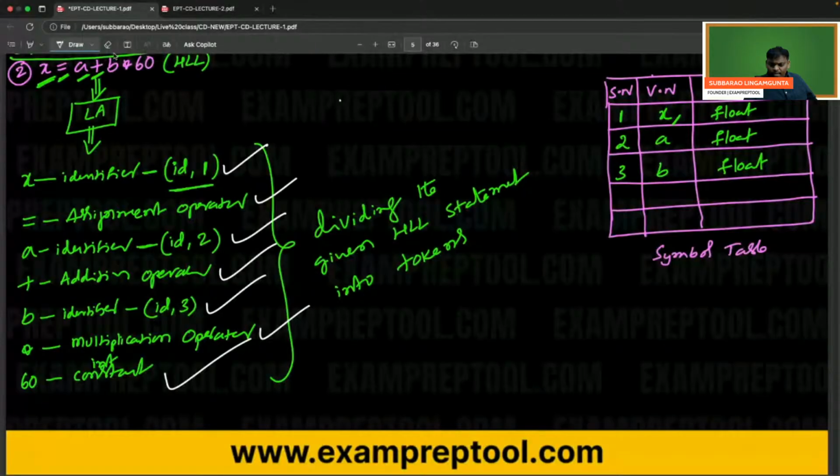Now, some people are asking a very interesting question. Why are you storing identifiers only inside a symbol table? Why not everyone? Can anyone give the answer? Why are you storing only variable names, why not operators?